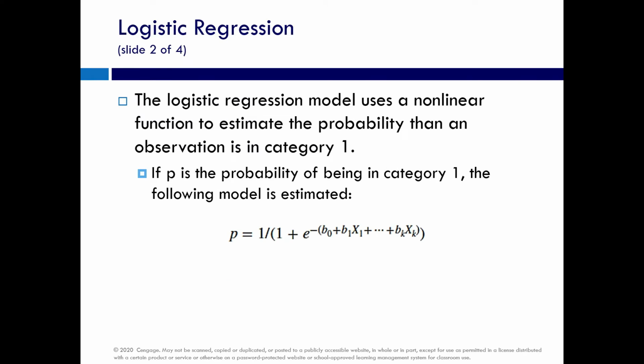Logistic regression. The logistic regression model uses a nonlinear function to estimate the probability that the observation is in category 1. If p is the probability of being in category 1, then the following model is an estimate.